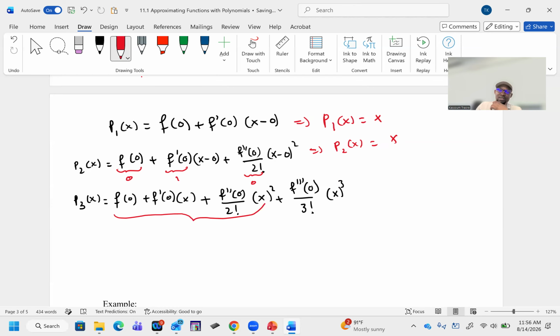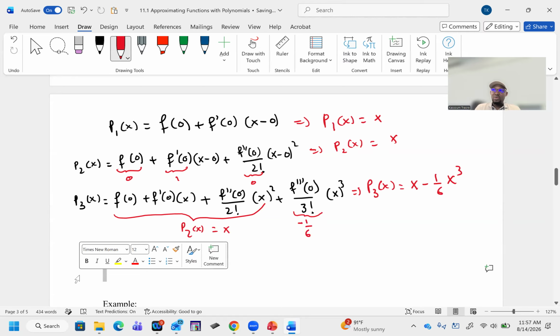The second derivative term is 0, so we just have x. And the third derivative of f of 0, we find that's negative 1. So we'll have negative 1 divided by 3 factorial, which is negative 1 divided by 6, times x to the power of 3. So this means p sub 3 of x will be x minus 1 over 6 x cubed. And that's the pattern we have to follow.